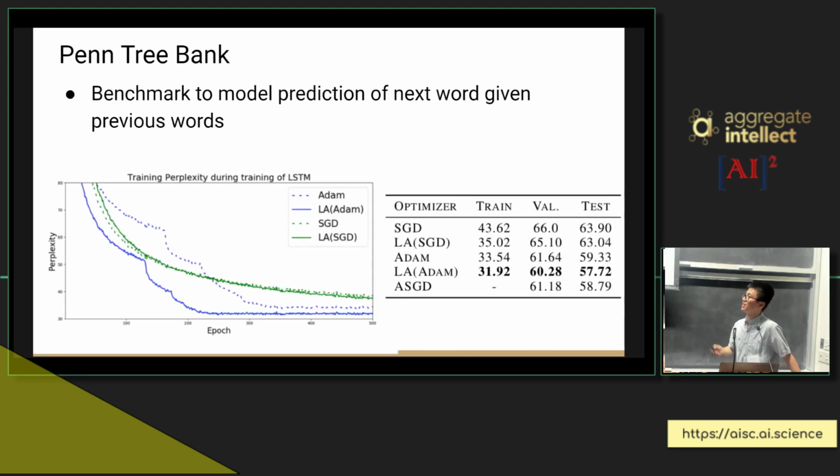And finally on Penn Tree Bank, here we wrap Lookahead around both SGD and Adam. You can see that we dominate the perplexity curve with the solid line, and versus the baseline, we get better test perplexity by almost 2 perplexity points, which is pretty significant. That's a language modeling task.